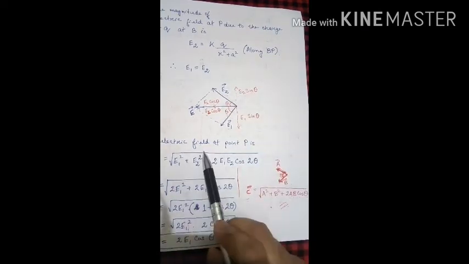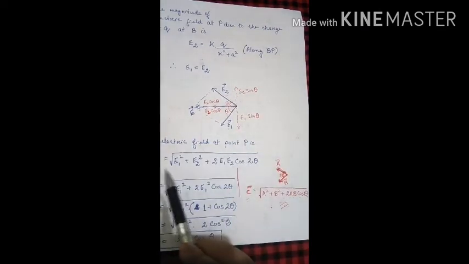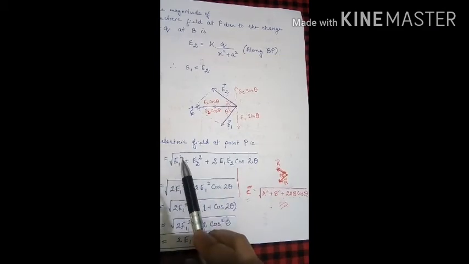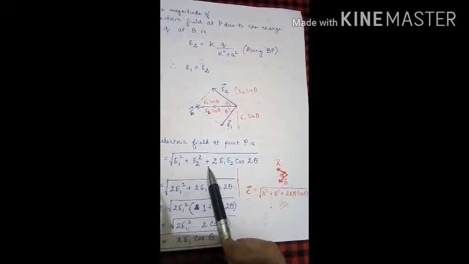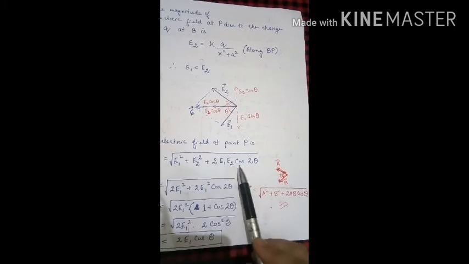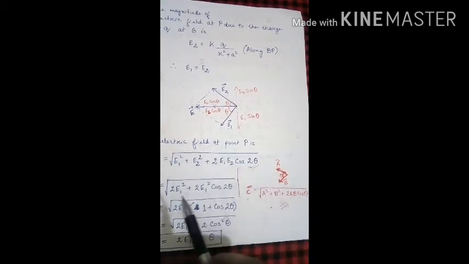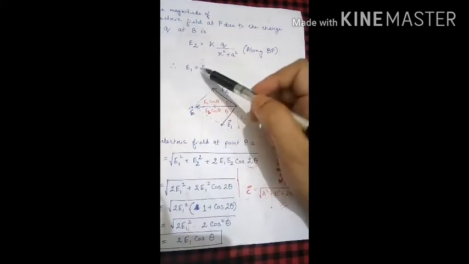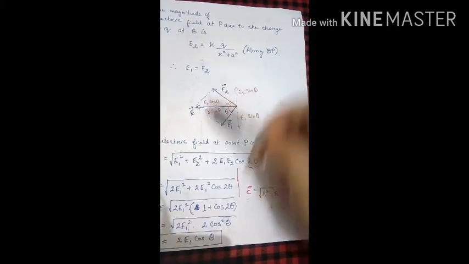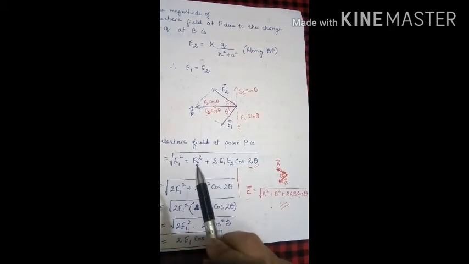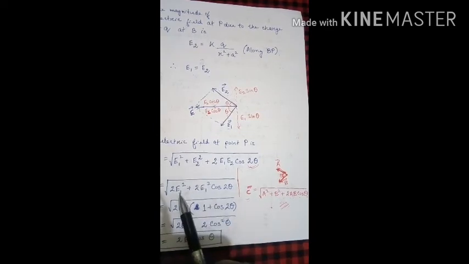So the net electric field at the point P is E equal to root over E1 square plus E2 square plus twice E1 E2 cos twice theta. We have already found that E1 is equal to E2, so we can replace E2 with E1.